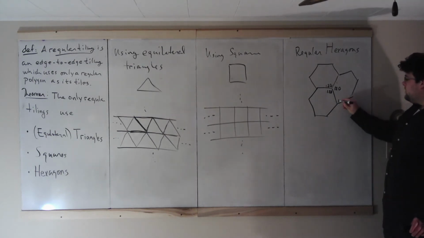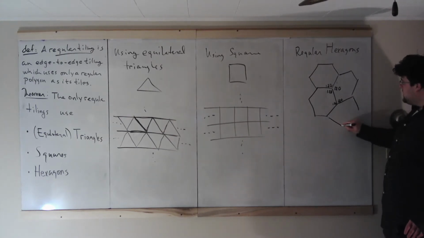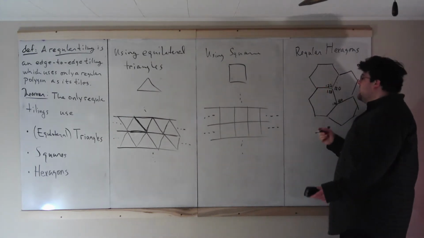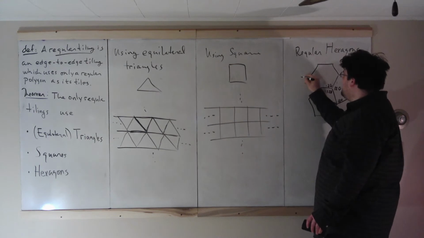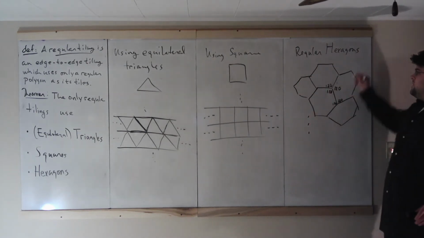And that keeps going. 120 here, 120 here, so there's another 120 left. And in there, you can fit a regular hexagon, even though that drawing doesn't really look like it. Similarly over here, the same thing applies. You can fit a regular hexagon in there, and this keeps going.